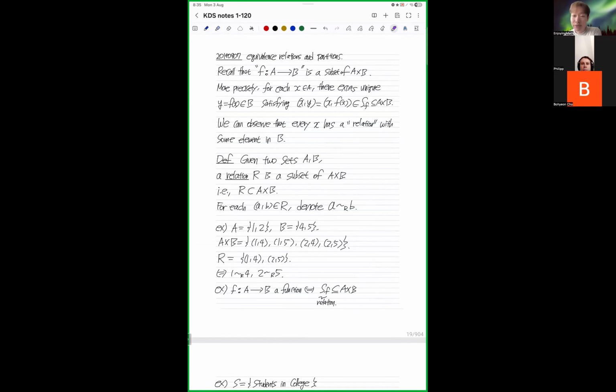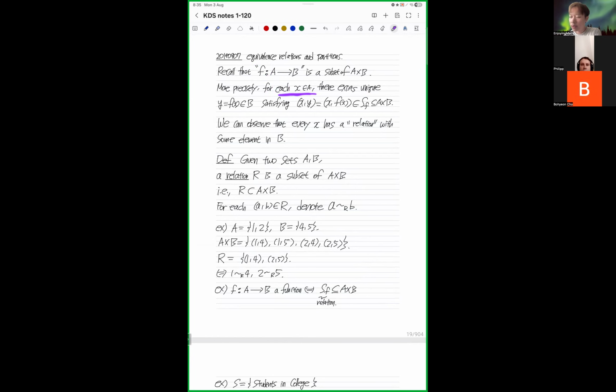And as you said, for each x there exists a unique y. I mean, even this sentence is sufficient to express the whole nature of a function.